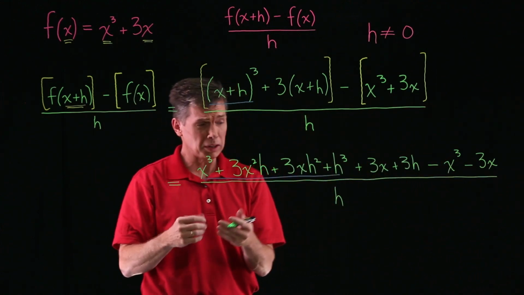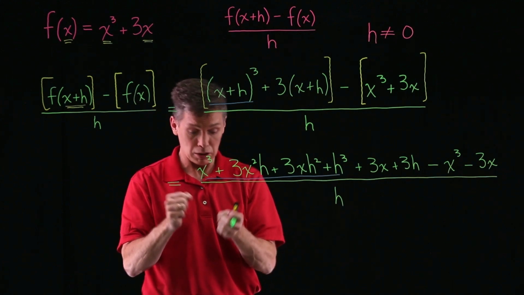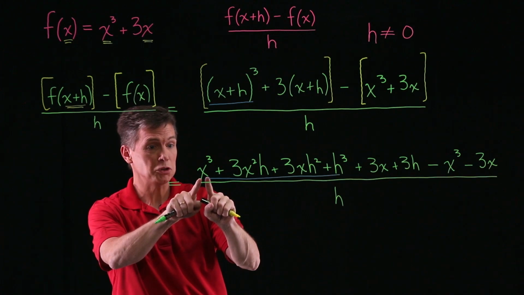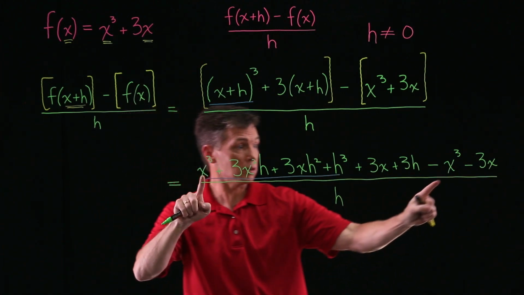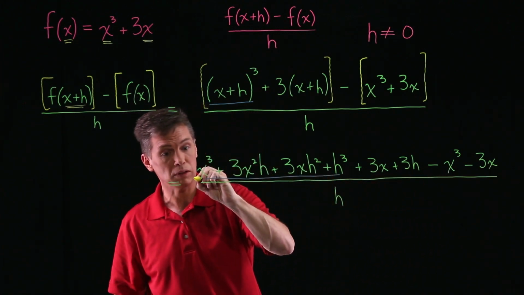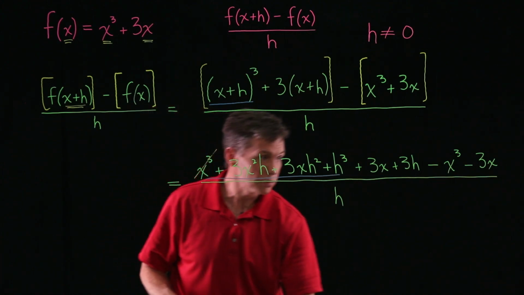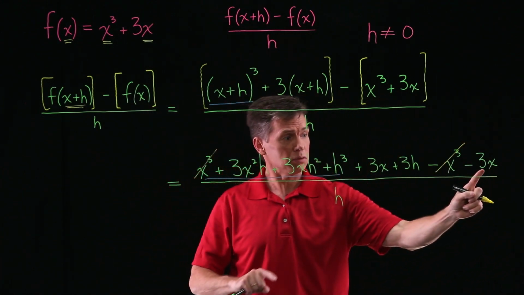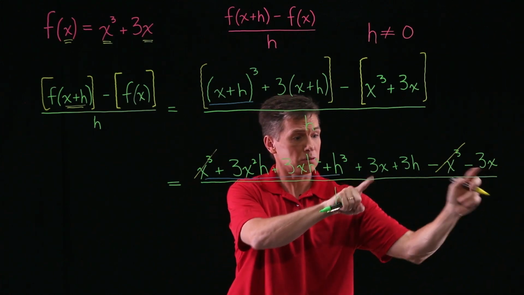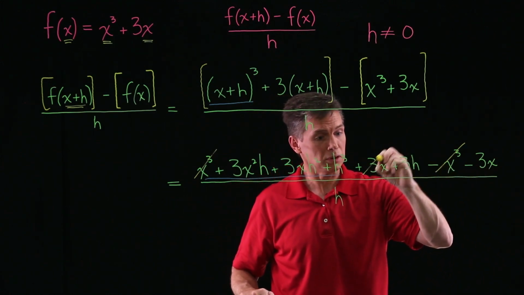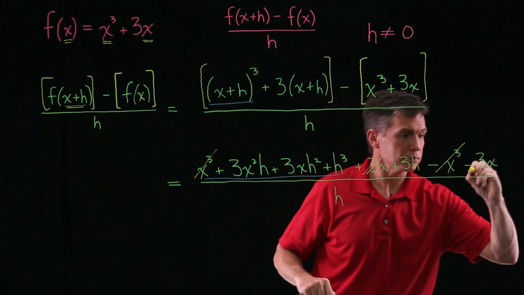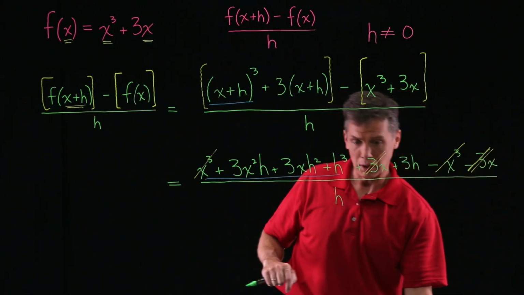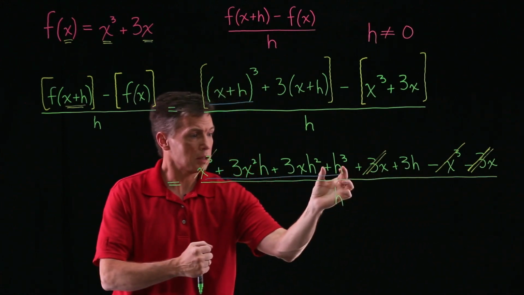More algebra, let's clean it up. I'd immediately look for like terms up top in the numerator. And I do notice there's an x cubed here that's positive and a negative one there, so that's nice. They will cross out. Similarly, I've got minus 3x and a positive 3x, so those two are going to go to 0. And if you took a look at any of the other terms up top here, none of them are like terms.